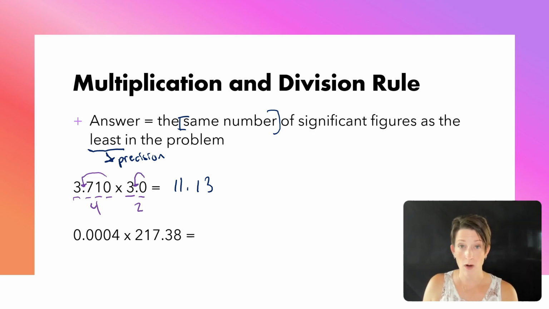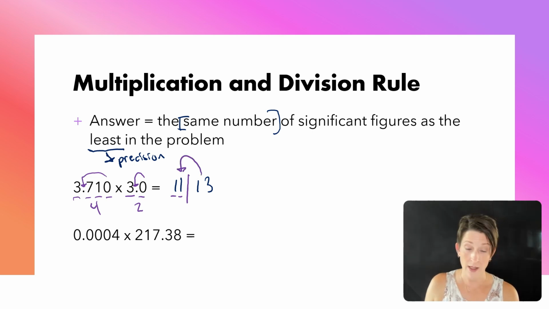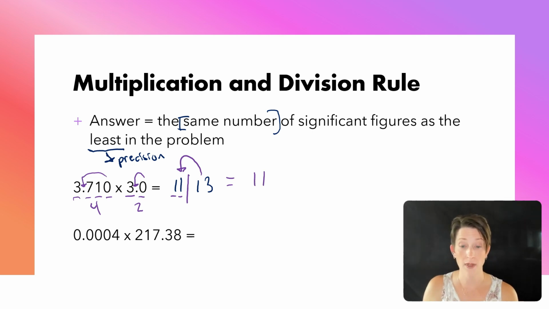Because 2 is less than 4, our final value needs to have 2 significant figures to represent the least precise measuring number. We have 1, 2, draw our line. The discarded 1 does not affect that first digit. Therefore, our rounded number is going to be 11.